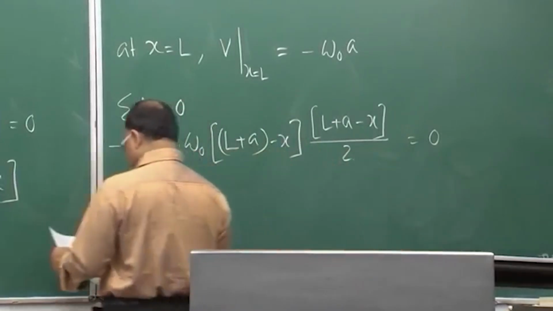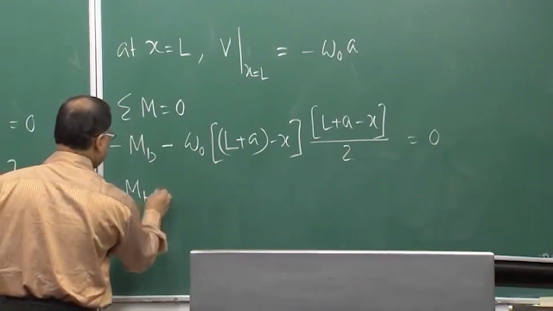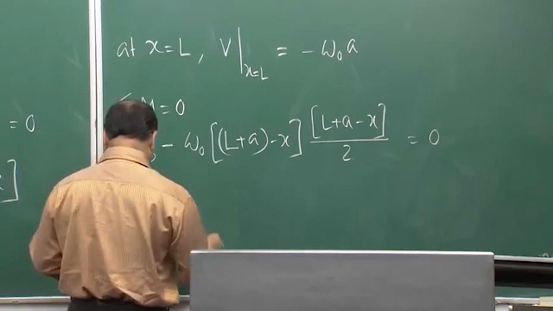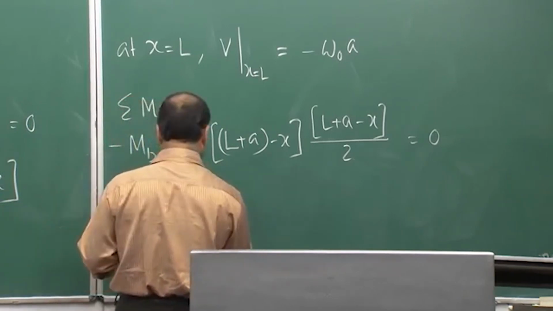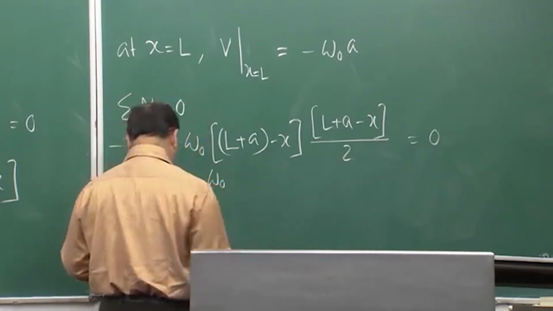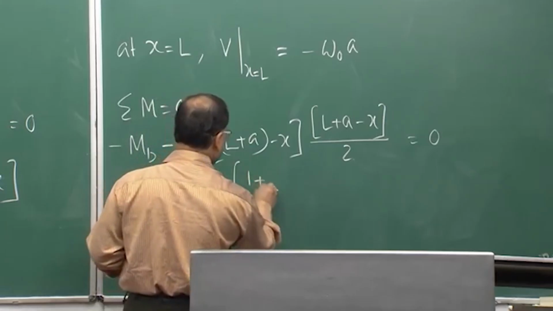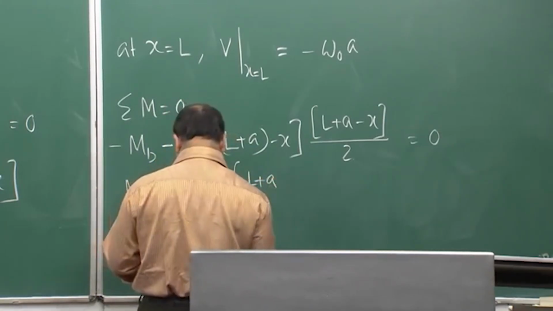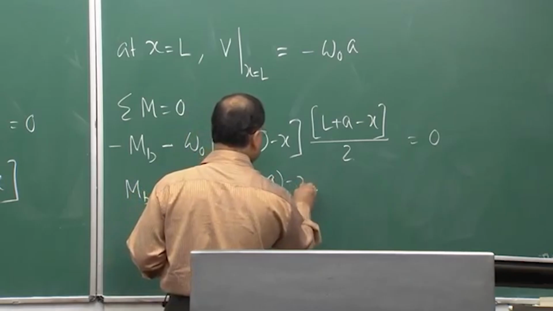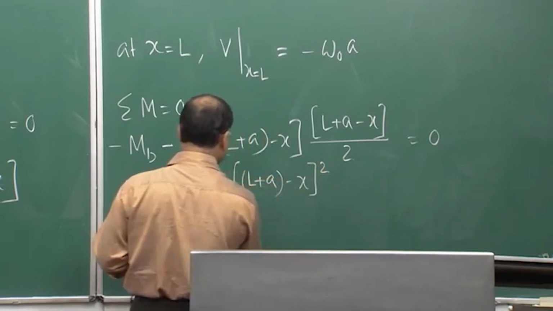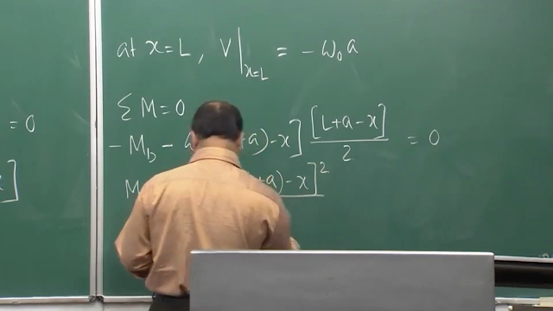So, from which I can get MB equal to minus W naught (L plus A minus x) whole square by 2.